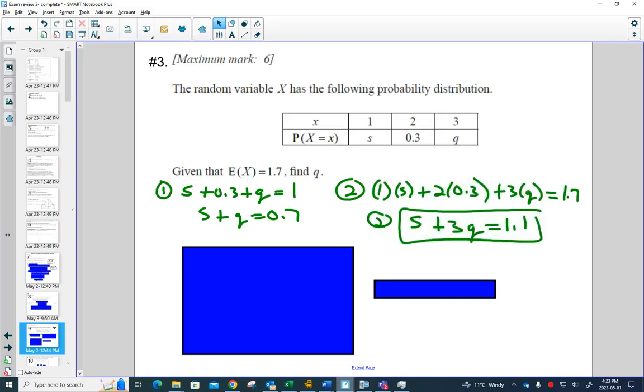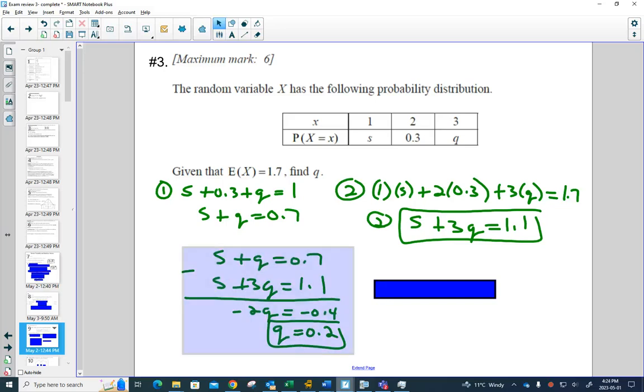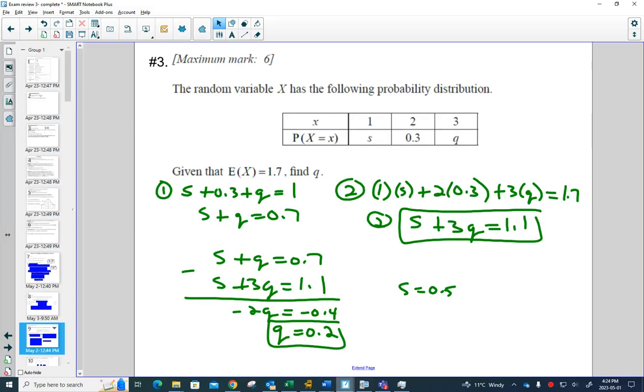That gives you a second equation that S plus 3Q is 1.1. At this point, you can use substitution or elimination. Here I'm using elimination. Subtracting the two equations, I get negative 2Q equals negative 0.4, so Q is equal to 0.2. And then, of course, if you wanted to, you could find S to be 0.5.